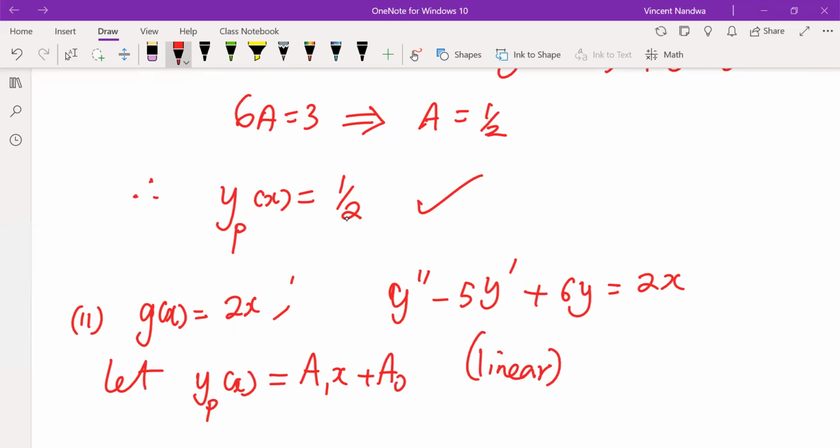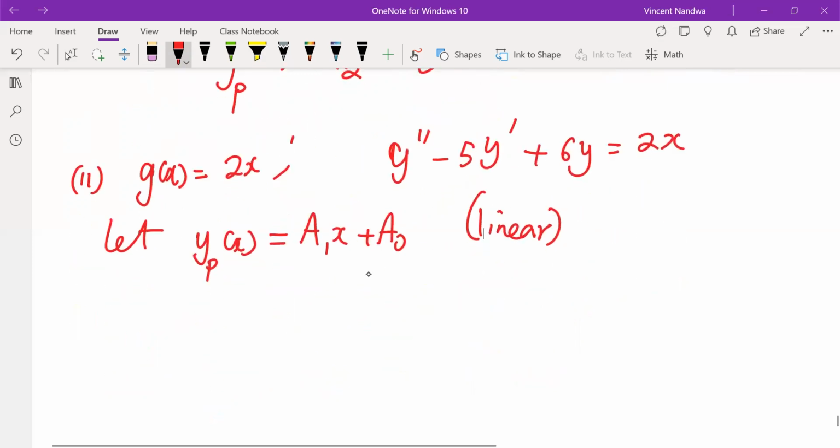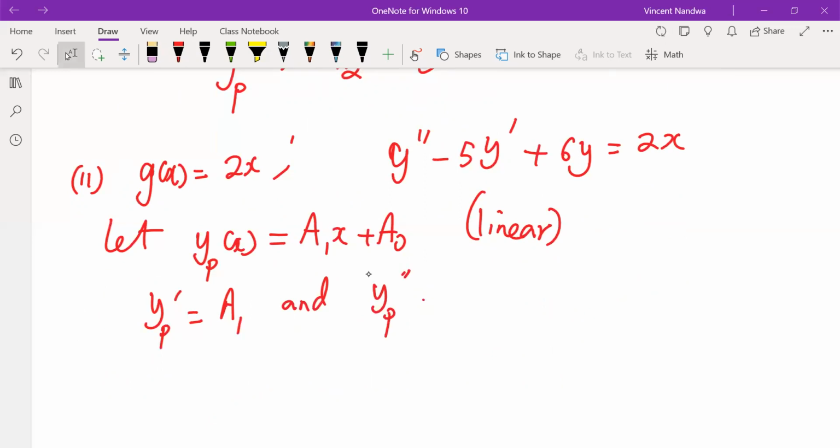Please note that although g of x is not a1x plus a naught, the general structure of a linear function should be a1x plus a naught. If you write your yp guess as a1x without this other constant a naught, you get it wrong. So yp prime will be a1 and yp double prime will be 0.